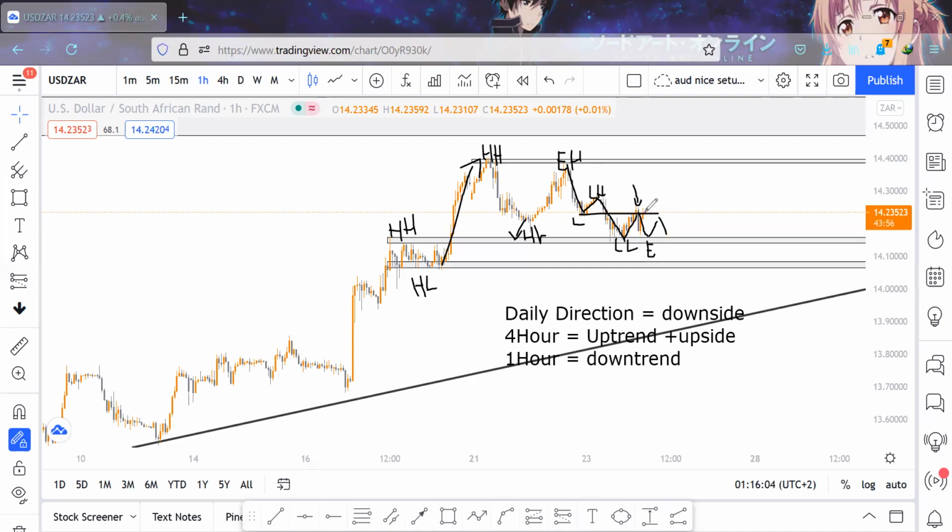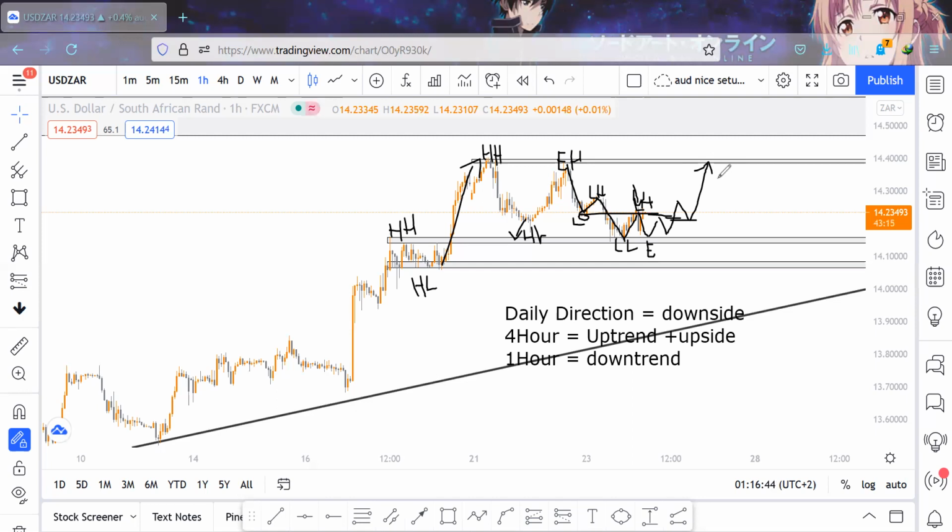Now, if you want to buy this market at this point, you need to also wait for the market to break this low that it has formed here, which is this lower high here, wait for the retest, and then enter on that retest. On this one, you might have to look out for reactions, candlestick price action on lower time frames, maybe the 15 minutes time frame, in order to get a push to this level here.